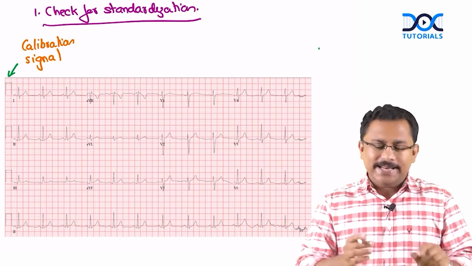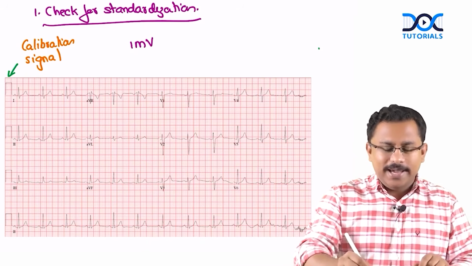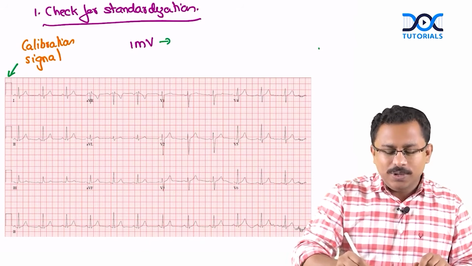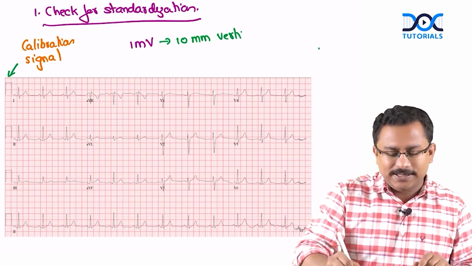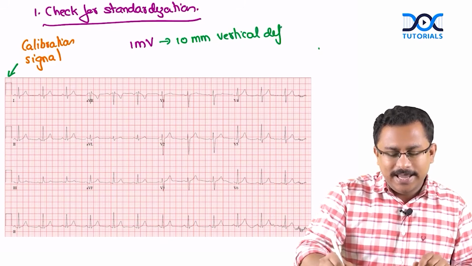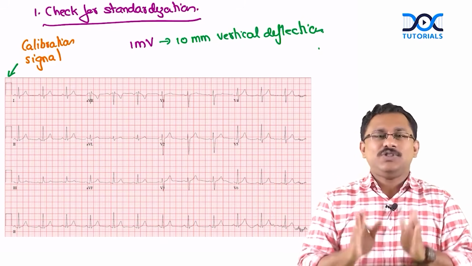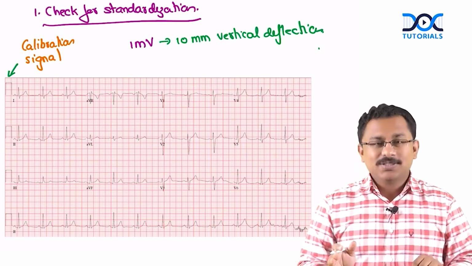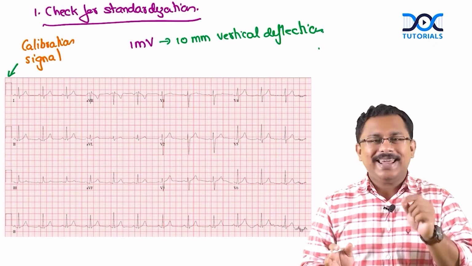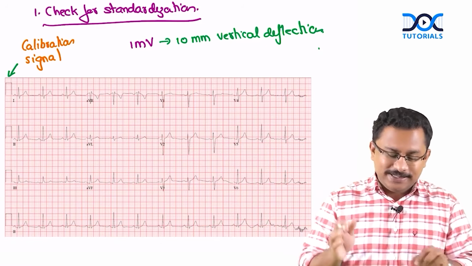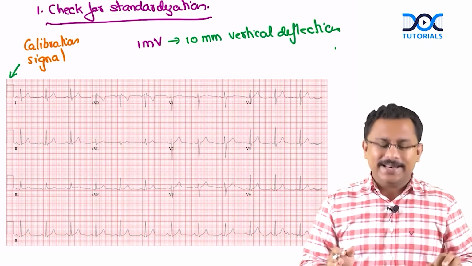Standardization means in normal scenarios, a 1 millivolt signal should produce a 10 mm vertical deflection, and that is referred to as normal standardization. So how do you identify whether an ECG is normally standardized?